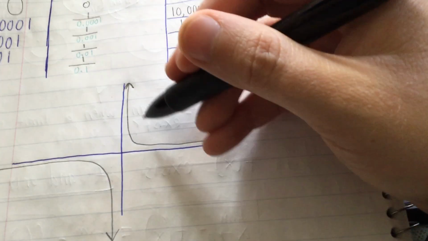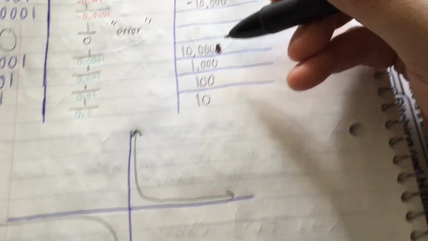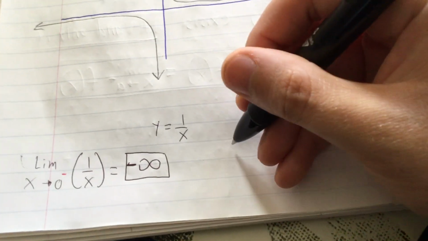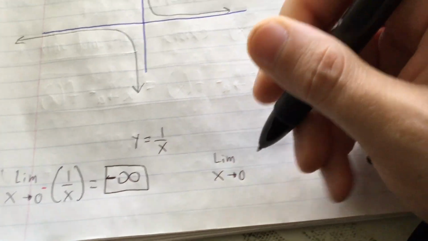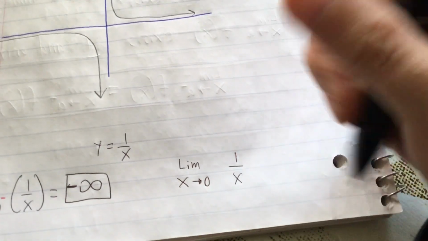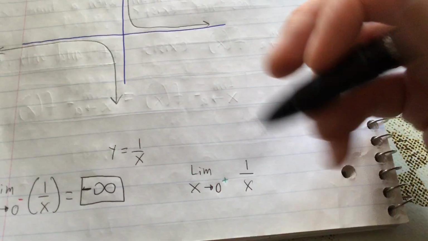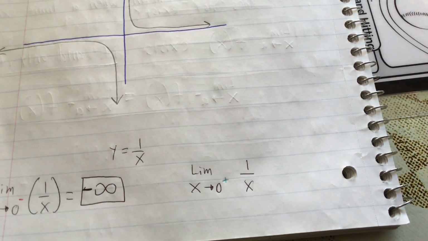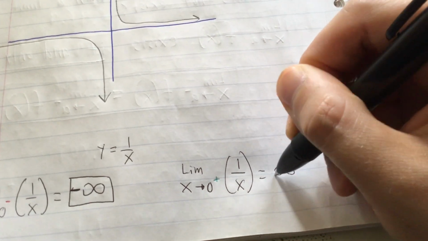And let's say I go from the right side. As x got closer and closer to 0 from the right side, the limit as x approaches 0 from the right side of 1 over x just exploded to positive infinity. It got huge.